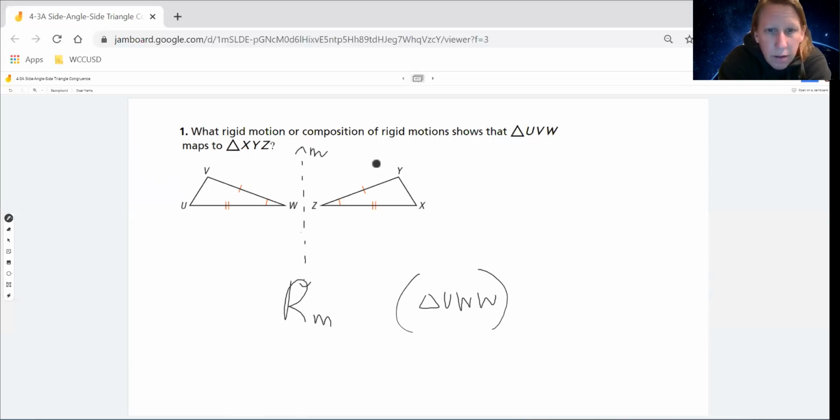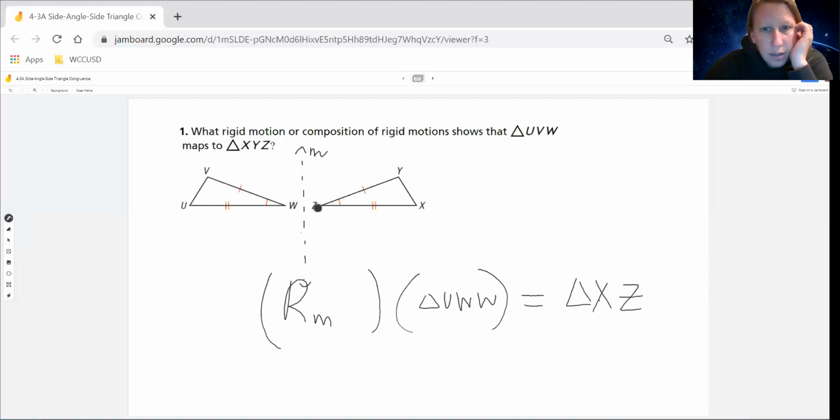Over line M, I'm going to get W straight onto Z. I'm going to get U and X to match. And the order is important here, so I just messed that up. Okay, so U is going to match up where X is, and W is going to be where Z is.